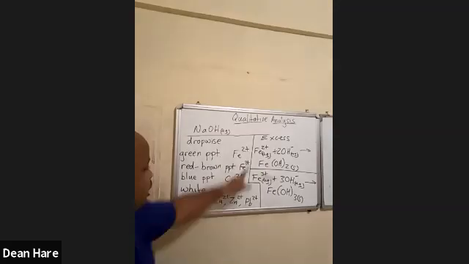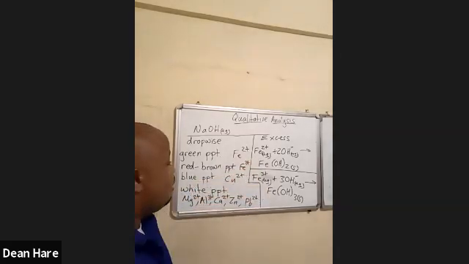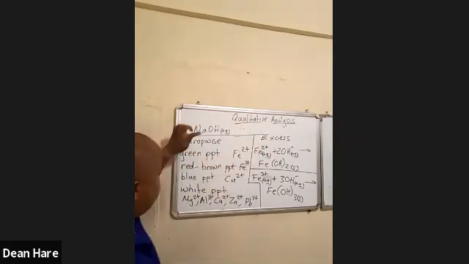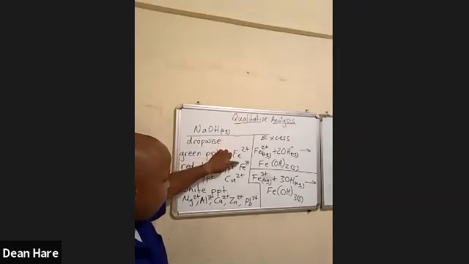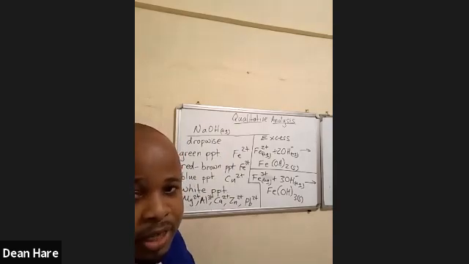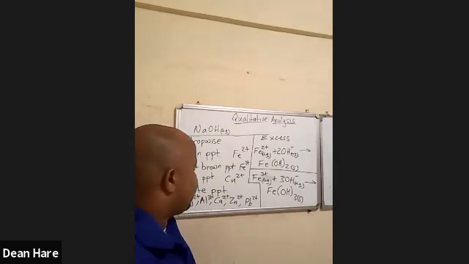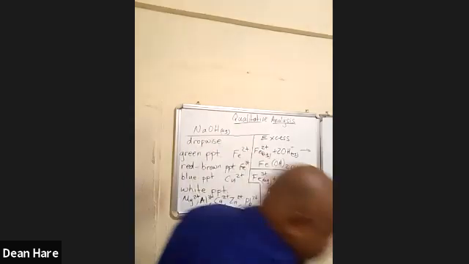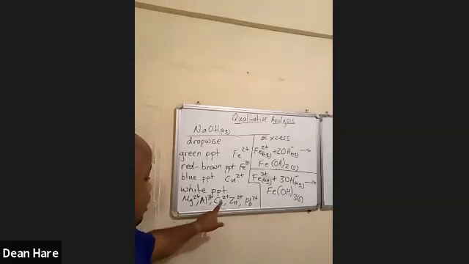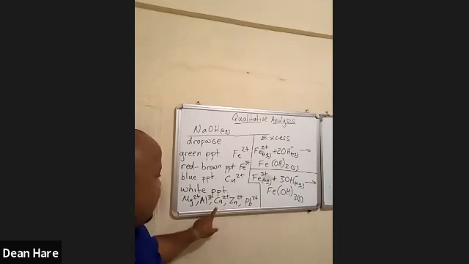You can just make a note of the equation, and also that when we add it in excess, iron 2, iron 3, and copper 2 will not dissolve in excess sodium hydroxide. Once you're ready with that, we will move on to focus again on the white precipitate.